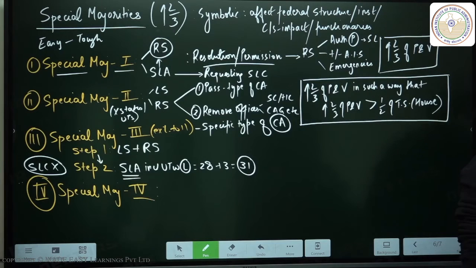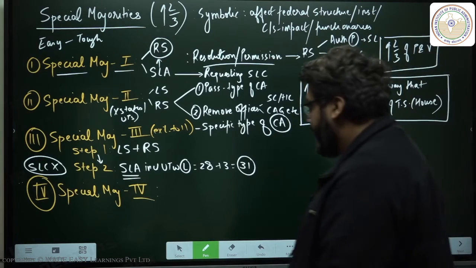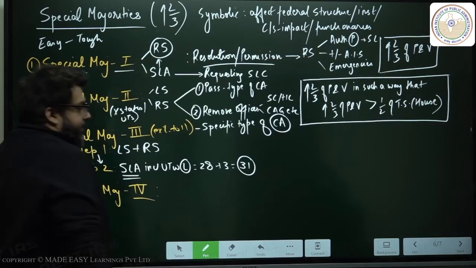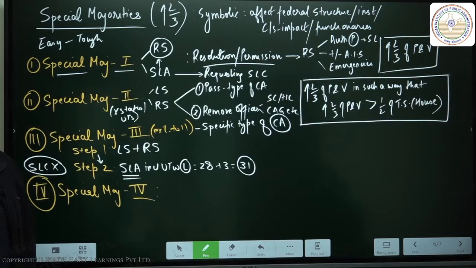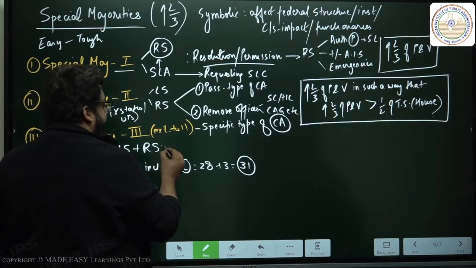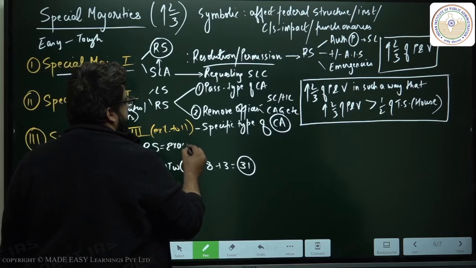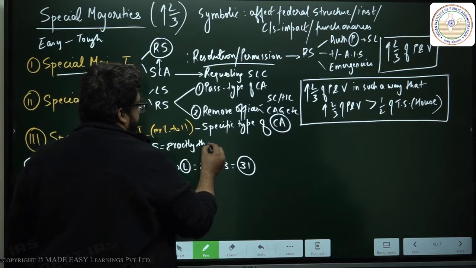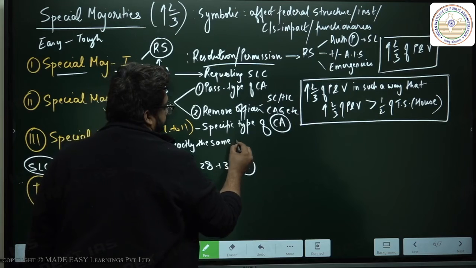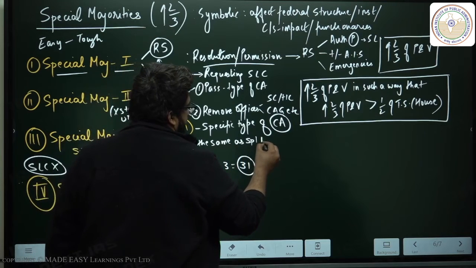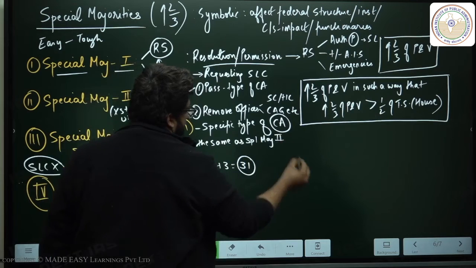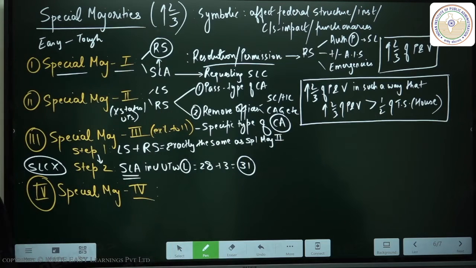Of course it will depend. Let's look at this from a simple point of view. Step 1 is exactly the same as special majority 2. That means more than 2/3 of present and voting in such a way that it is more than half of the total strength of the house.